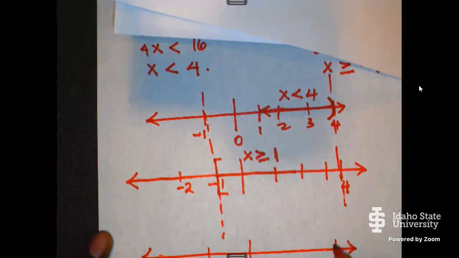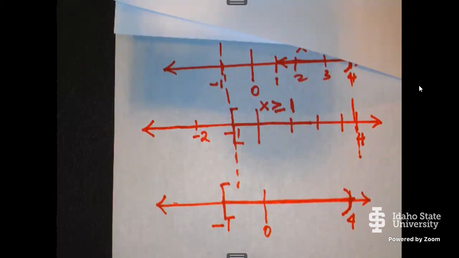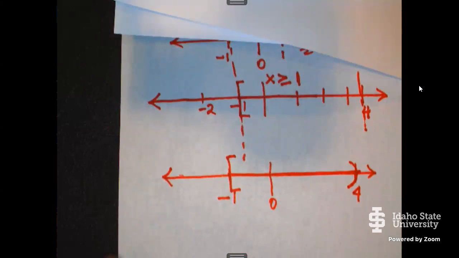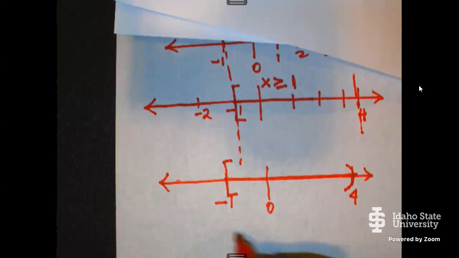So this will now be, and then that way. So this is our region. So that one is our region. So what will be our interval notation there? So it will be what? Minus 1 and then what? 4.